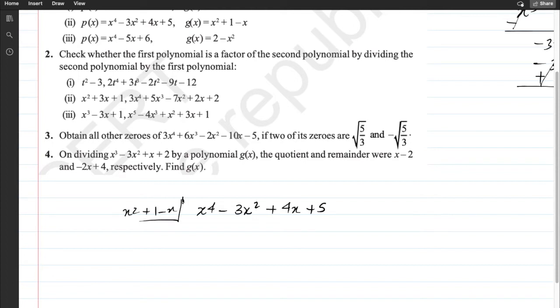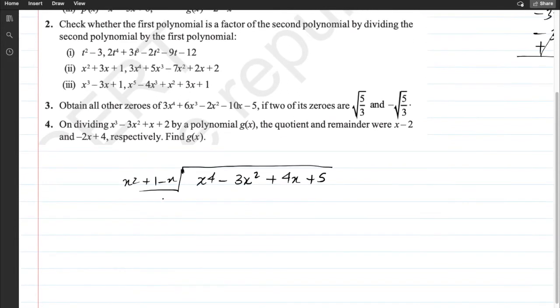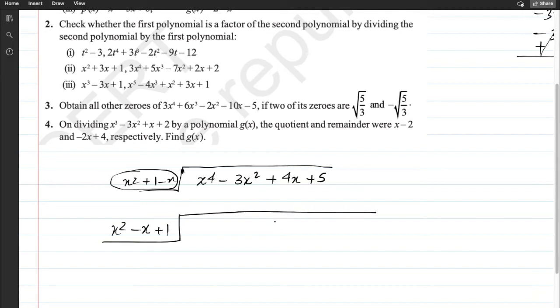Now notice, if I do it like this, then I will face many problems. So what I advise you is to change the approach a little bit. First of all, try to arrange this in descending order, like x square, then x, then 1. Alright, this will help you out.